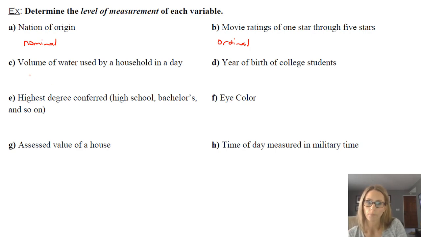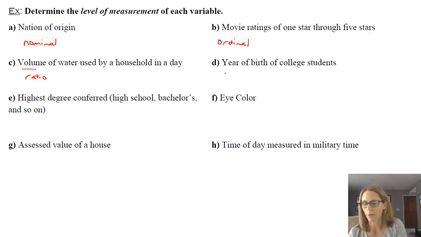Volume of water, that's going to be ratio, because notice a lot of continuous data is ratio. Think about it: this person used twice as much water when they took a shower as me. They used like 5 gallons of water and I only use 2.5 gallons. So when you can use words like double, triple, again, then you have ratio. Year of birth of college students.